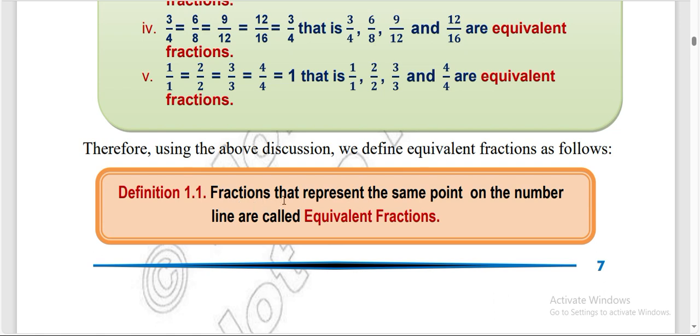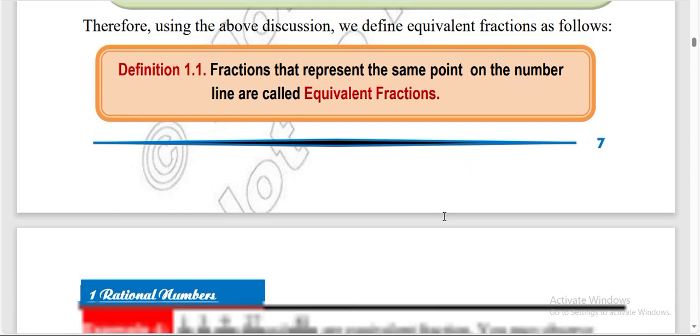Fractions that represent the same point on the number line are called equivalent fractions, but the reading and writing forms are different. When we represent them on the number line, they are at the same point, which means their values are equal. These fractions are known as equivalent fractions.